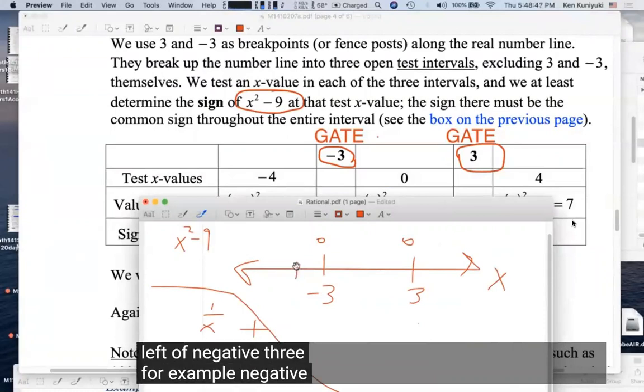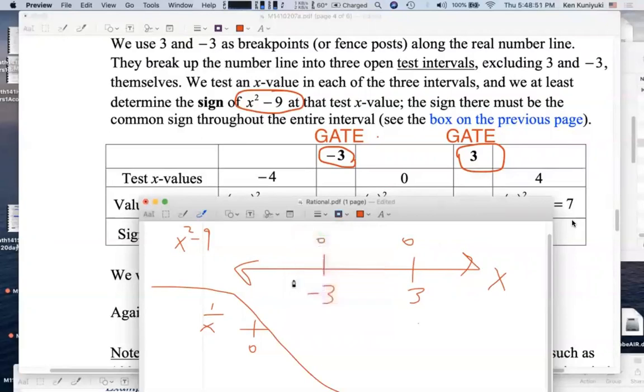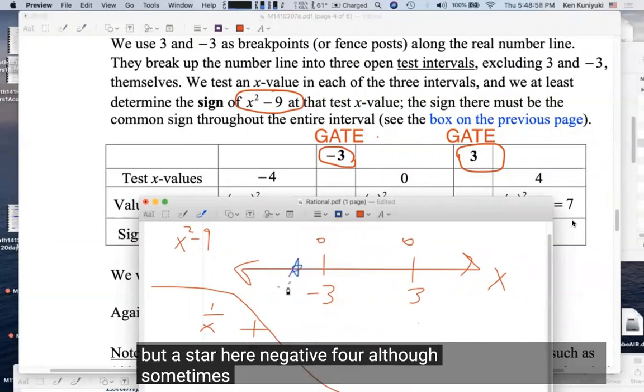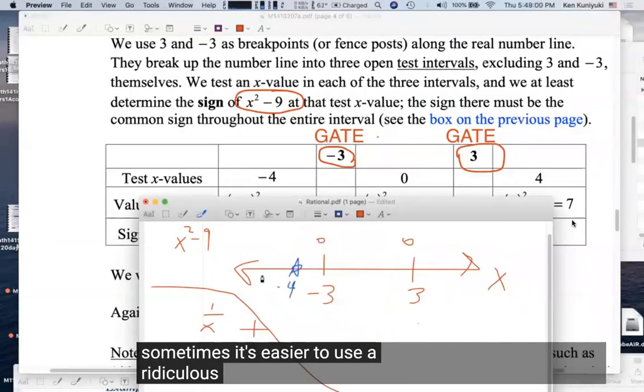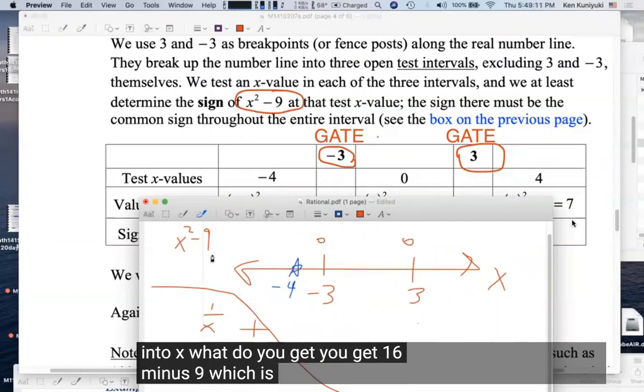For example, -4. Put a star here, -4. Although sometimes it's easier to use a ridiculous number like -1,000,000, right? But let's use -4. Plug a -4 into x. What do you get? You get 16 minus 9, which is +7.